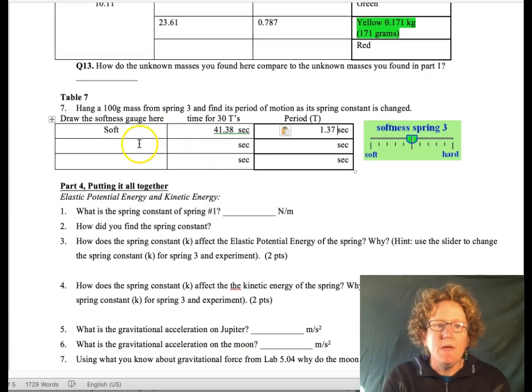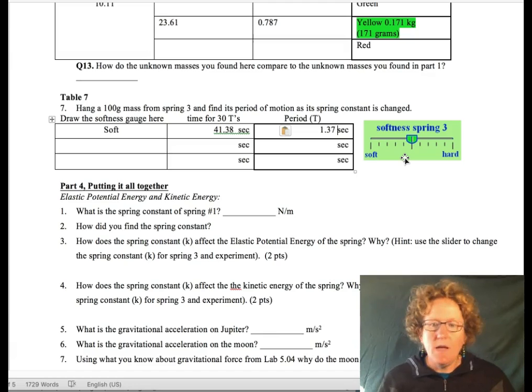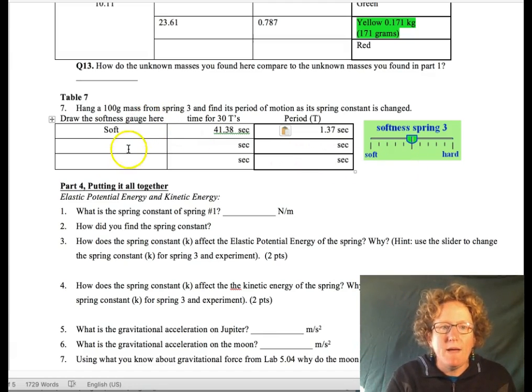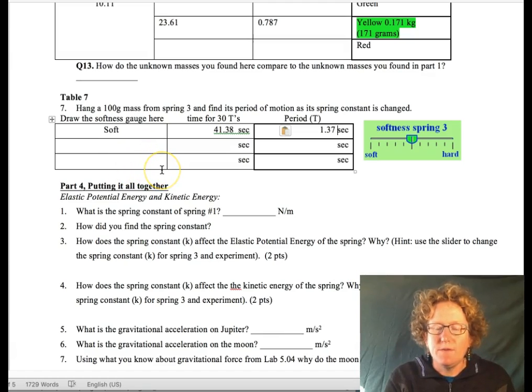So now it's your job to set the softness to medium, maybe hard, whatever you want. Just make sure that you let me know where that gauge was. Remember to reset the friction back to none when you go back and check 2 other different spring constants that you choose. So that's what you do for table 7.